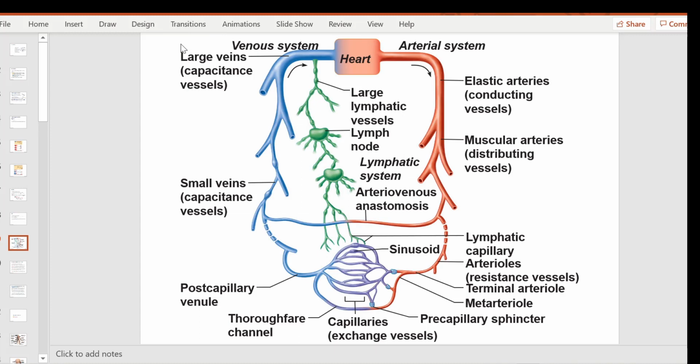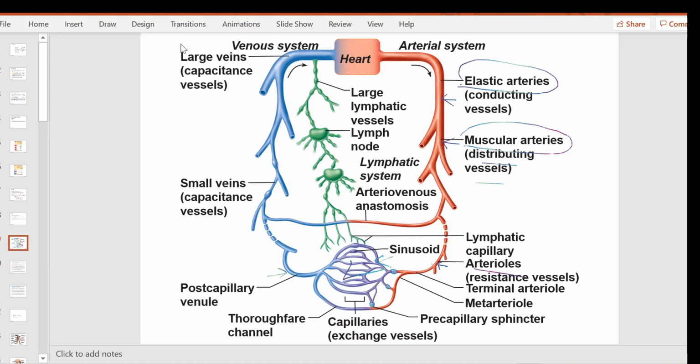Here I already showed you the largest arteries are the elastic arteries, the larger arteries. The medium-sized arteries are the muscular or distributing arteries, and the small arteries are the arterioles. Okay, so this is the arteriole, the muscular artery, elastic artery, and then this is the capillary bed here, and then venule.